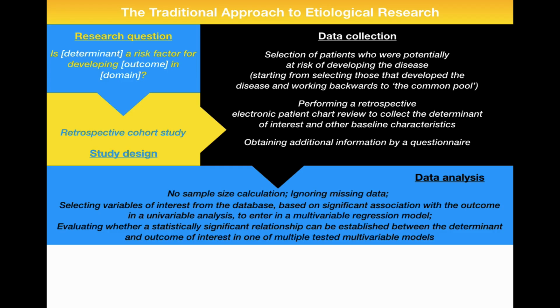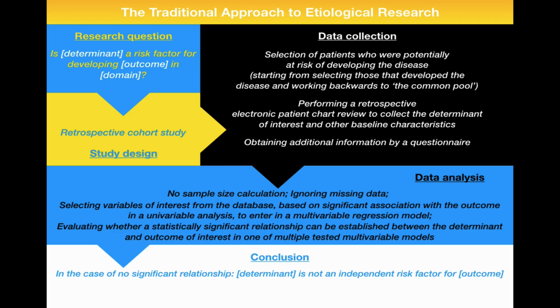Because if researchers are honest, oftentimes they will admit that they have developed multiple multivariable models with various modeling approaches just to search for significant relationships. And in the conclusion of the traditional etiological research, in the case of no significant relationship, it is claimed that the determinant is not an independent risk factor for outcome, but we have already learned that absence of evidence is not evidence of no relationship.